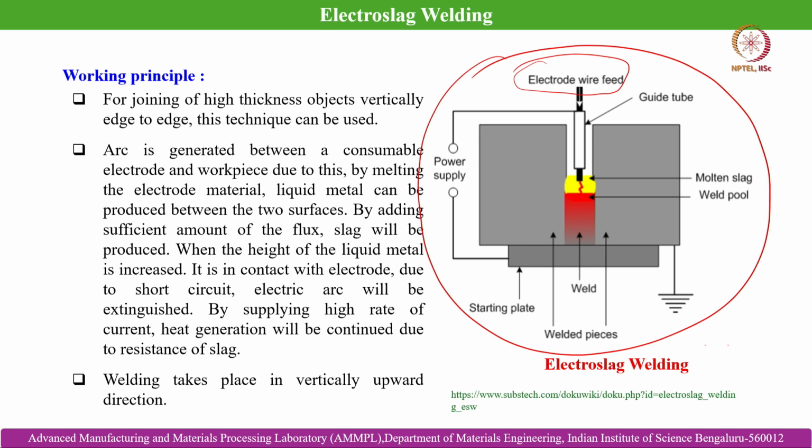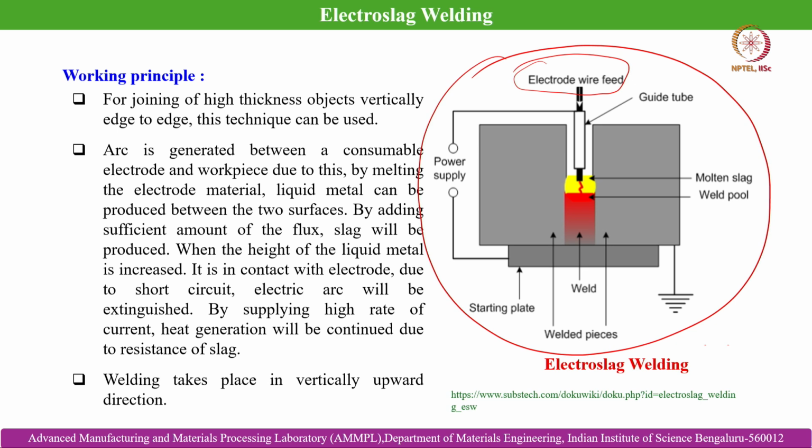However, the slag layer that is kept at the top of the melt pool is responsible for creating the contact resistance, and also it is serving as an insulating body, so that there is not much heat leakage from the weld joint. Because of that, the microstructure formed in the joint in case of electroslag welding is also much improved because of uniform cooling, because there is no leakage from the free surface of the weld pool.